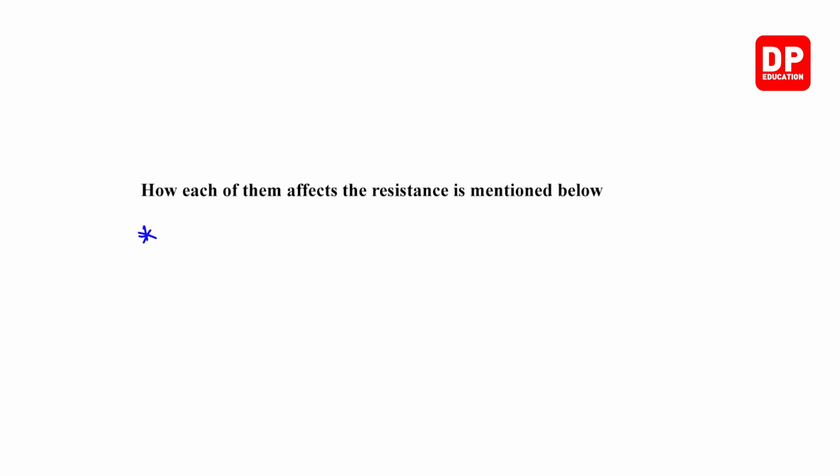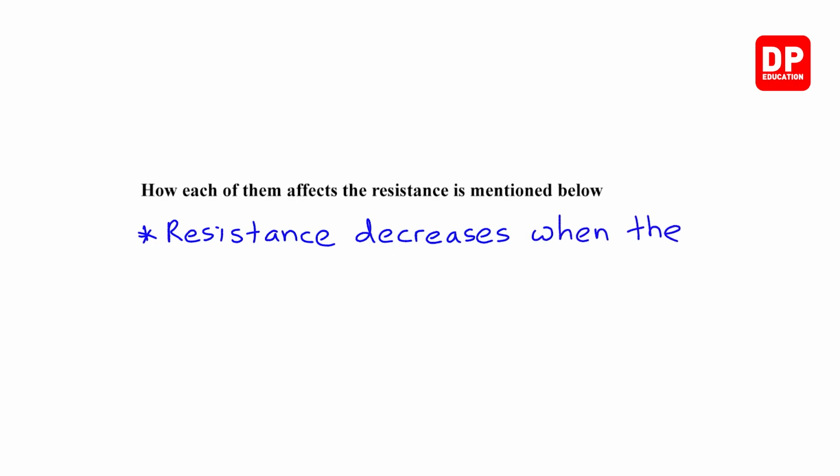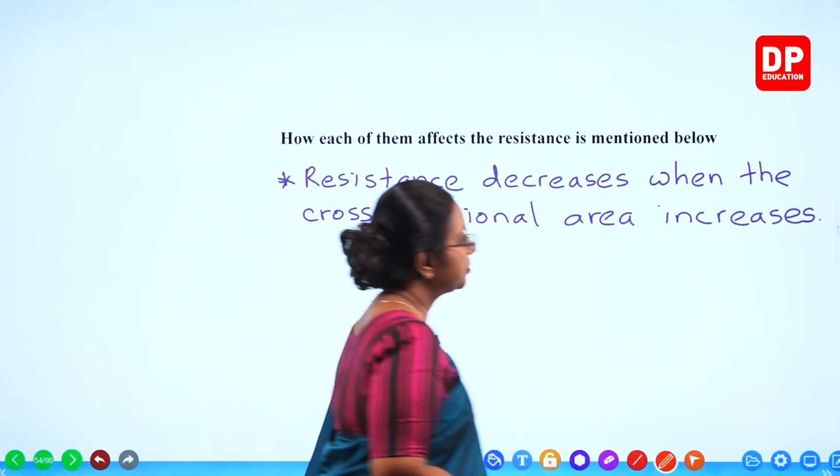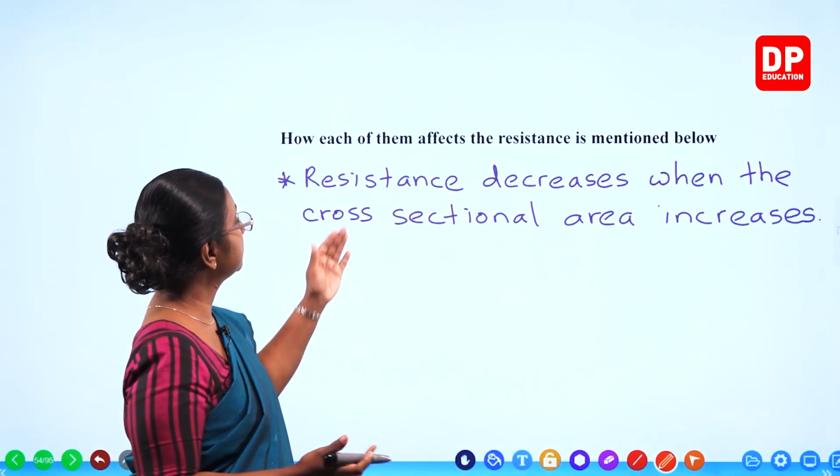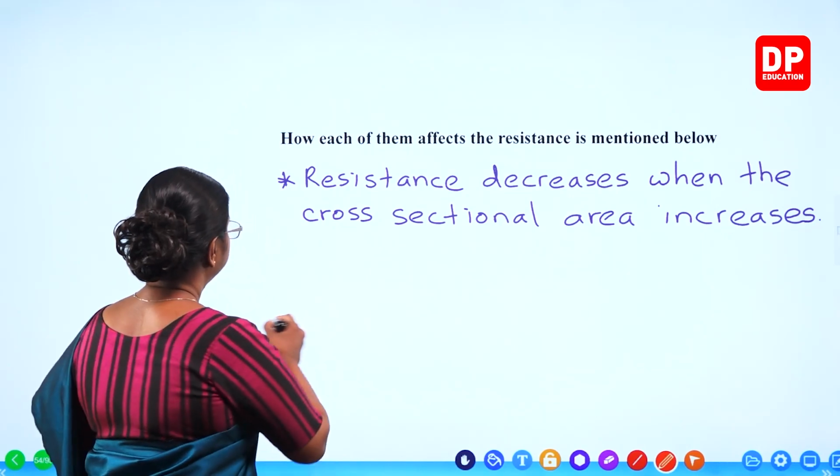First one, we can say resistance decreases when the cross-sectional area increases. So cross-sectional area increases, resistance decreases.